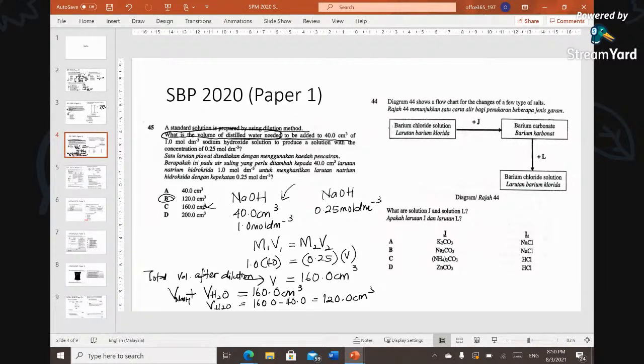So barium chloride to produce barium carbonate, this is an insoluble salt. So you have to combine with another soluble salt.